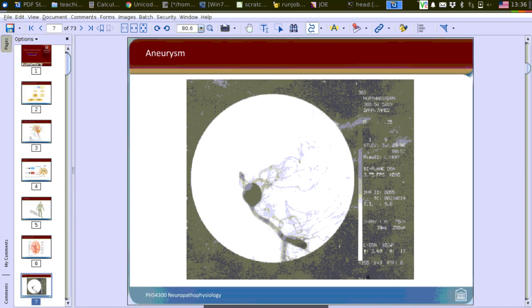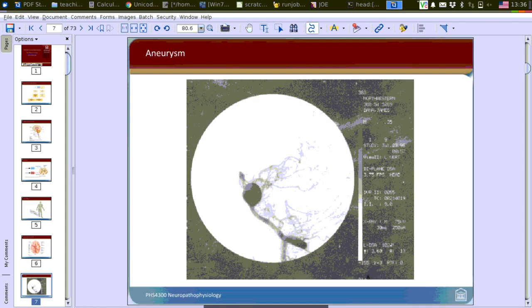So normally there are several layers of muscle to withstand the high pressures inside an artery. So the pressure can go up to 180 or 200 inside an artery. So normally the arterial wall is muscular and can withstand that.